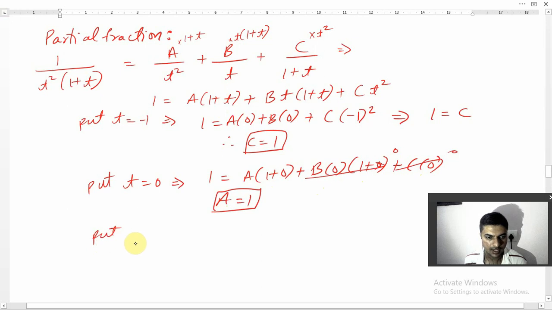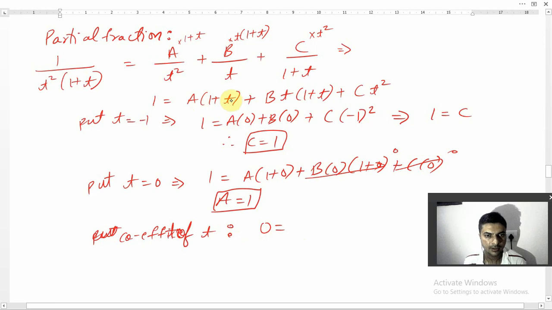Now I cannot substitute more things, so I'm just going to take only the coefficient of t. In the LHS there is no t, so I am going to take this as 0.